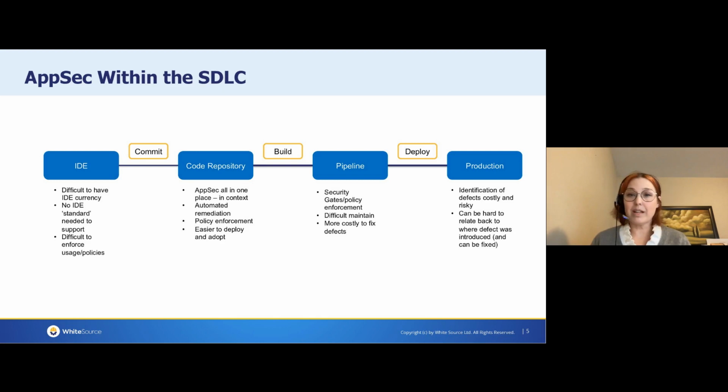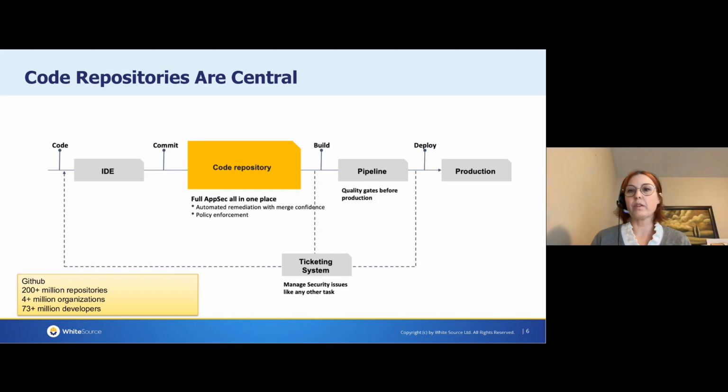Policy enforcement, again, I can block merges happening if they don't meet a policy. It just really, one, shifts it left to get it closer to the development team and the engineering focus, while enabling adoption. So again, I'm not slowing them down, but I'm still getting my benefit. So again, just a different view in terms of code repositories truly being central.